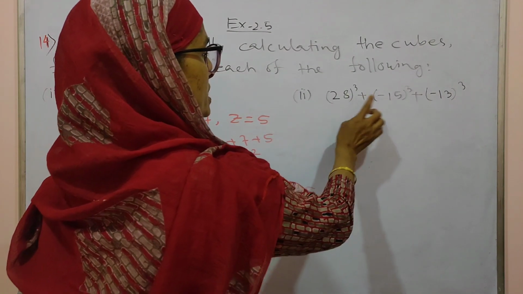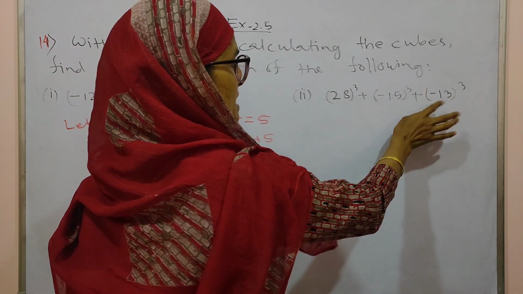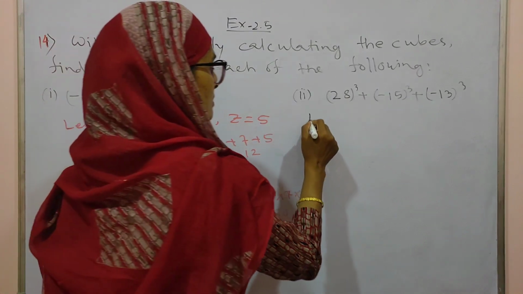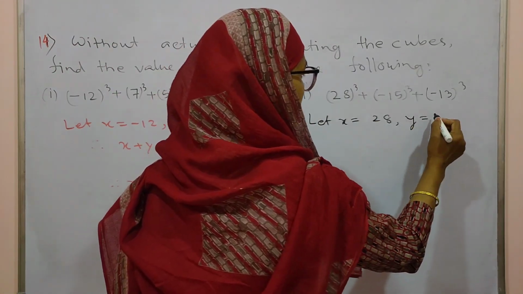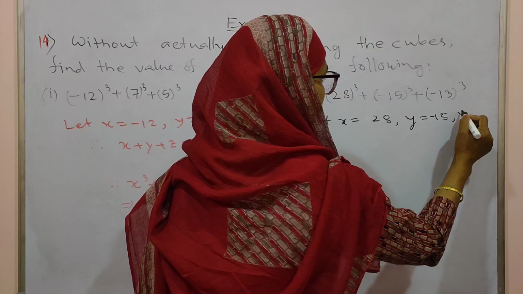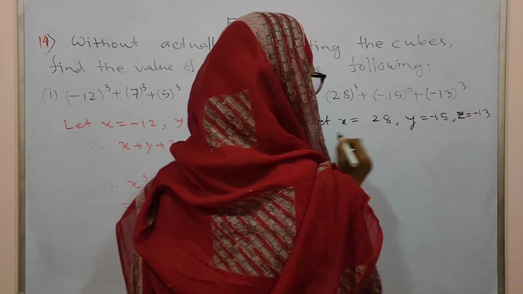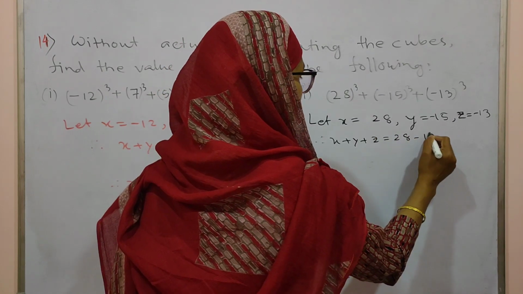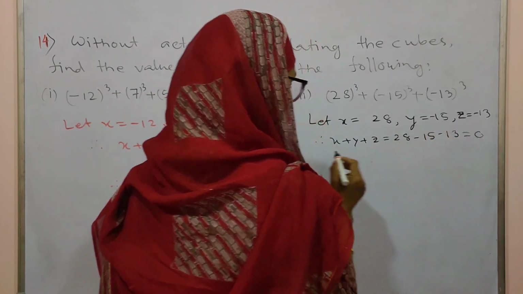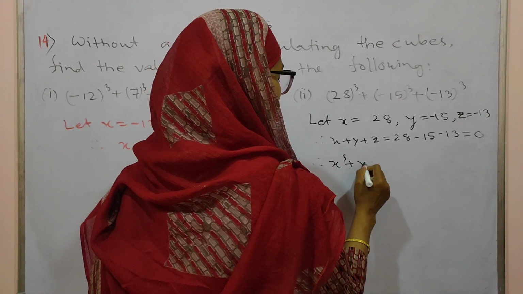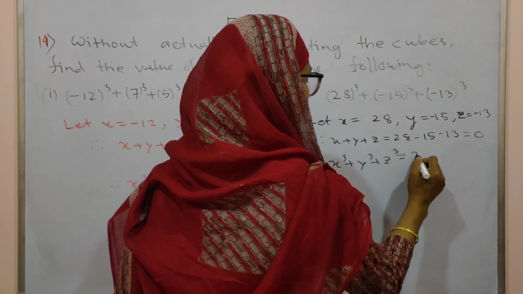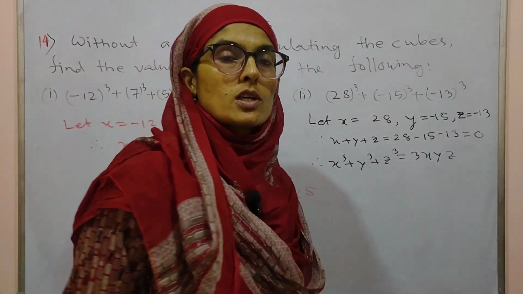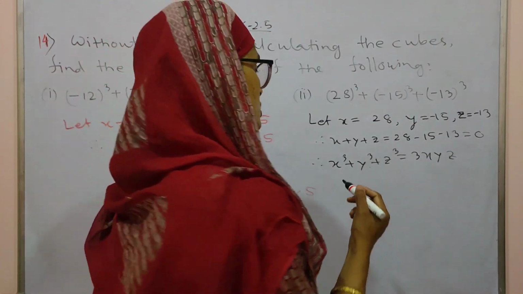Next number 2, 28 cube plus minus 15 cube plus minus 13 cube. Same as number 1. Let x equal to 28, y equal to minus 15 and z equal to minus 13. Therefore, x plus y plus z, 28 minus 15 minus 13, you will get 0. Therefore, x cube plus y cube plus z cube equal to 3xyz. This is the identity.